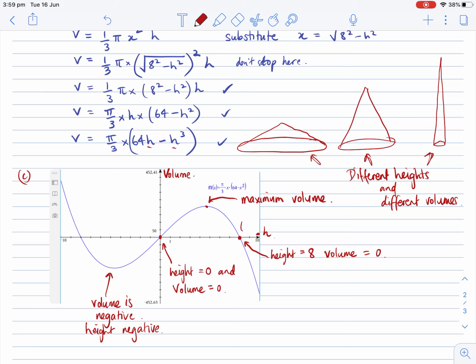We probably should put some axis intercepts on there. So I'm going to just say that that's 8 and 0. I can see that by just the labels, and that's 0, 0. I don't know what this maximum point is. It's really useful to put this on a graph. I'm going to say that's -8 and 0, but let's go back and find out what that maximum value is.